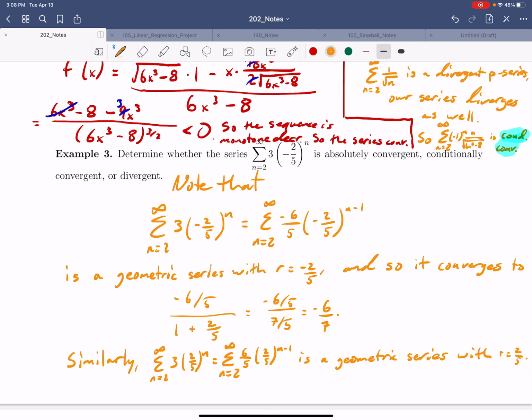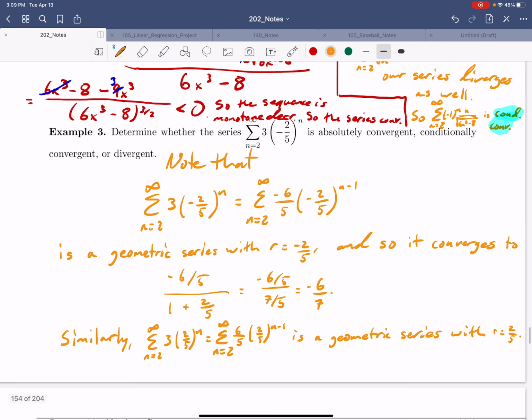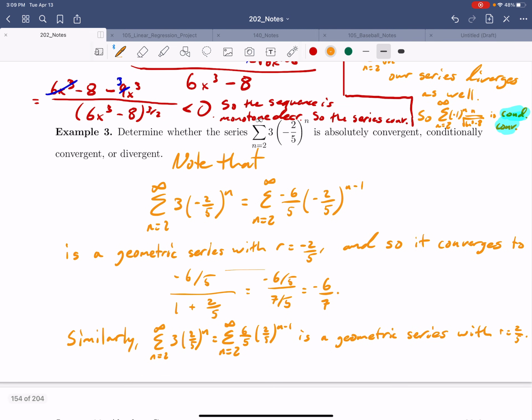Just for completeness' sake, we'll say what it converges to, but we don't need to. We actually didn't even need to include all this. I just did that to point it out. So it converges to, again, I don't even need to do this, but just to refresh our memory, 6/5 over 3/5, which equals 2.